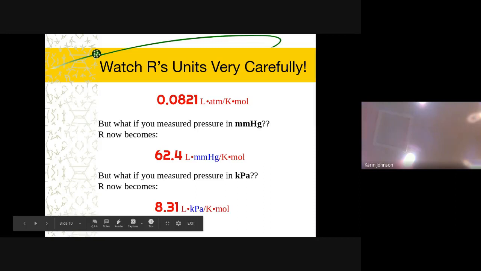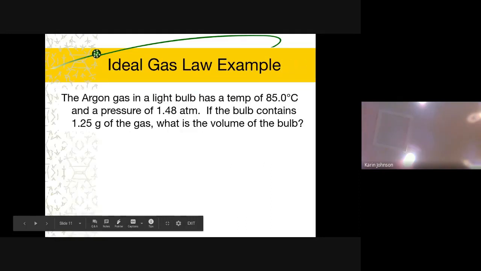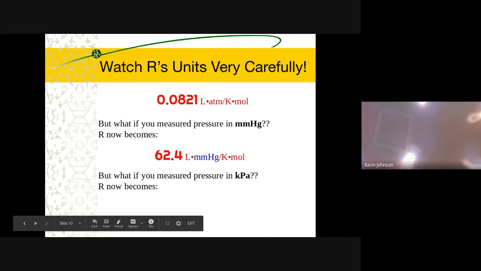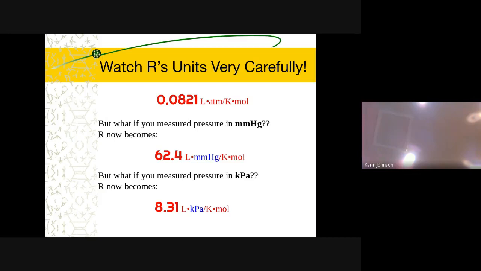And if I'm in kilopascals, your R is 8.31. I would have all 3 of those written down somewhere in your notes close by so that you don't have to go digging through presentations or whatever to find them. Just have them handy so that you know which R you're supposed to use depending on what units you're working in. Okay, any questions about that part?